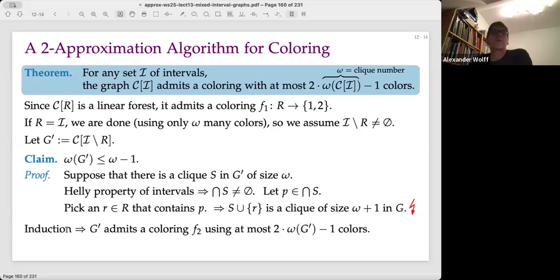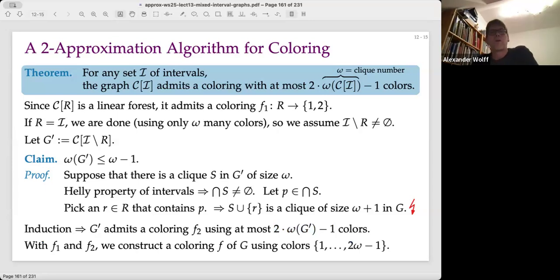And then it means we can simply use induction and color G prime with at most 2 times omega of G prime minus 1 colors. The same thing as I stated in my theorem up here, we now do just for the subgraph G prime. And then we combine this with the coloring of the linear forest R, and then we are done.